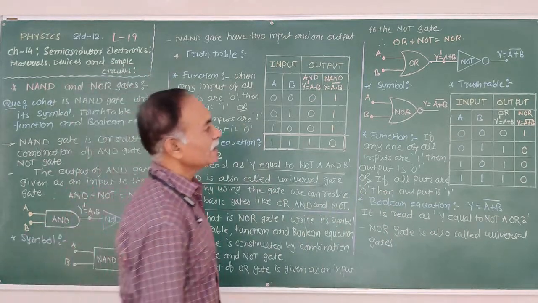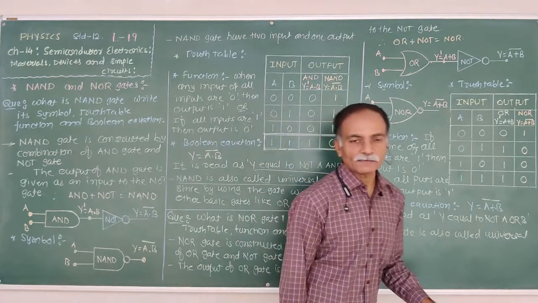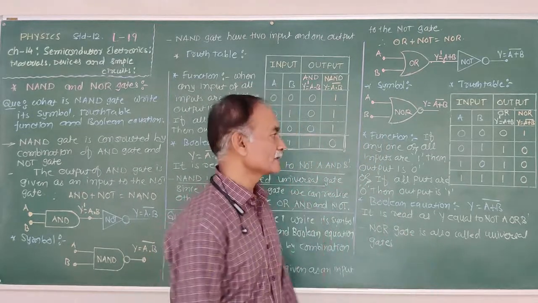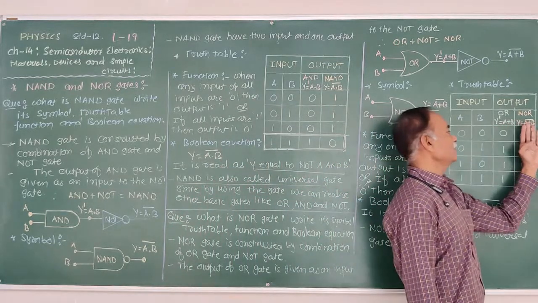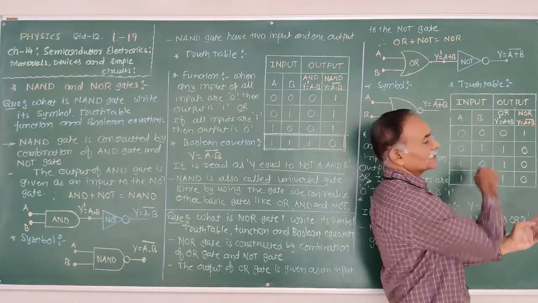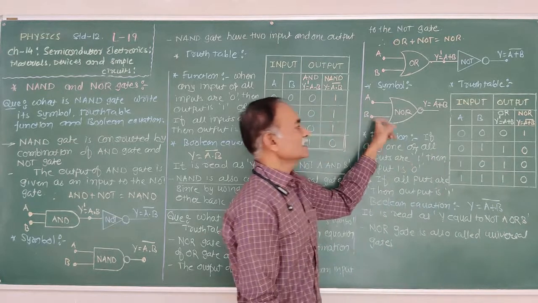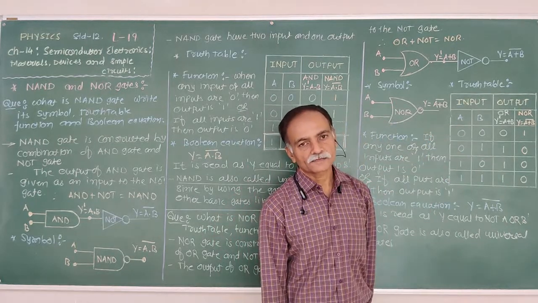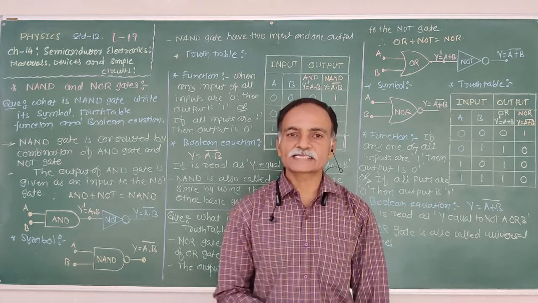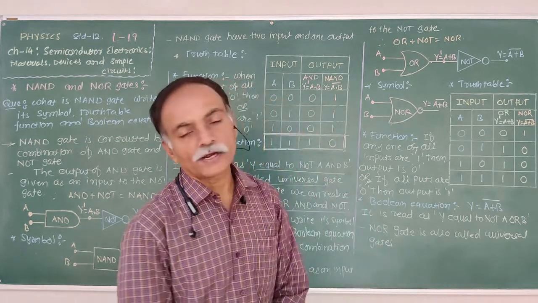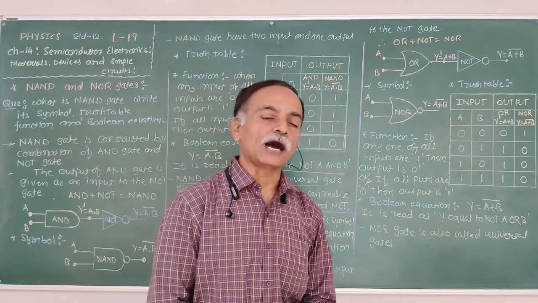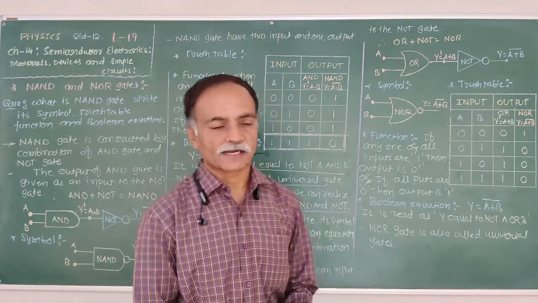How do we prepare the truth table? For the truth table of the NOR gate, first we prepare the truth table of the OR gate. The last column we skip. A and B are the inputs. Here there are two inputs, therefore 4 different ways we can supply the input. Now, what is the characteristic of the OR gate? If all inputs are 0, output is 0, otherwise 1.